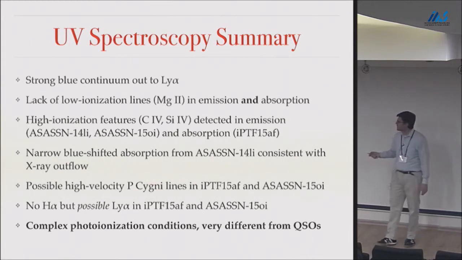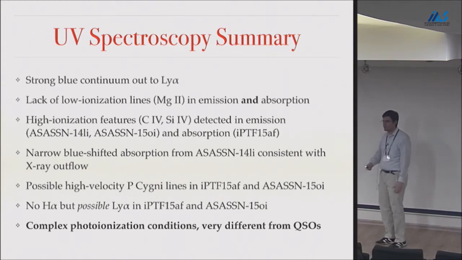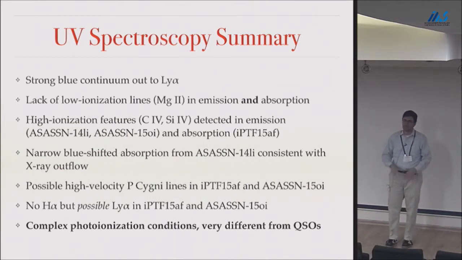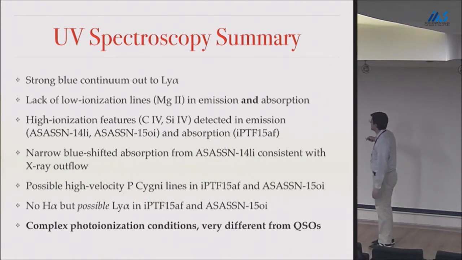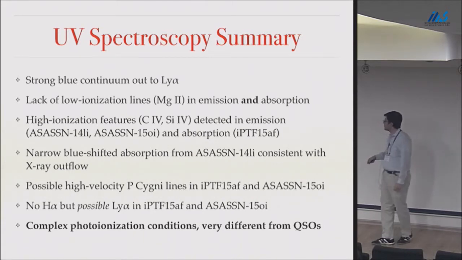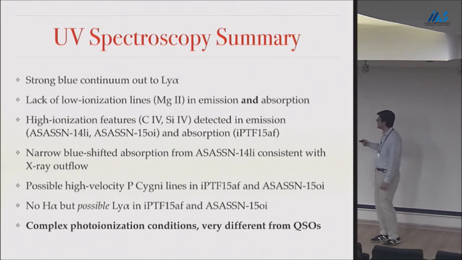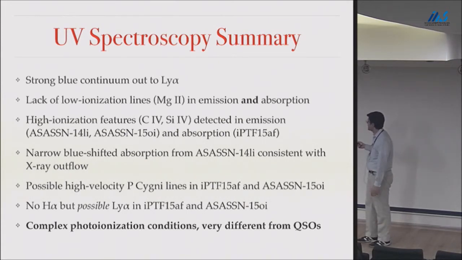Nothing that we can see points to Mg2 in any of these spectra. It is completely unlike normal sightlines to quasars. Lots of stuff going on in high ionization features, carbon-4 and silicon-4, definitely in emission, possibly in absorption. You see this narrow blueshifted absorption from ASASSN-14li. It's very consistent with what we see in the X-rays. Possible P Cygni lines, again pointing to some kind of outflow.